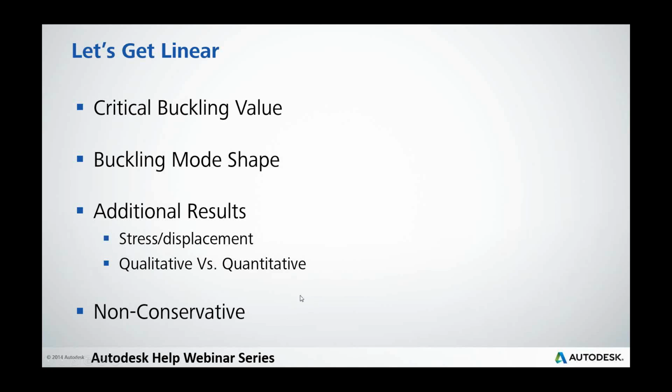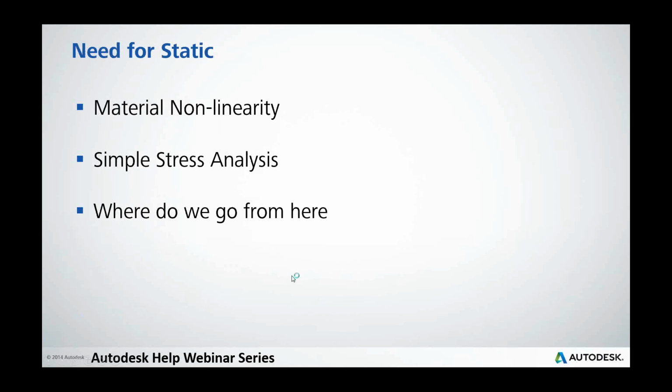And then lastly, the linear results typically tend to be non-conservative. And so we want to jump into doing a static stress analysis. So we've determined the buckling load, and now we want to check our stresses to make sure that we are considering any material deformation.